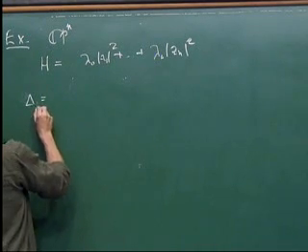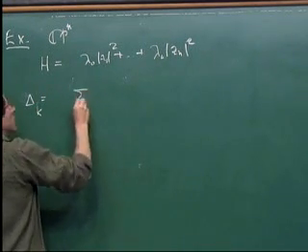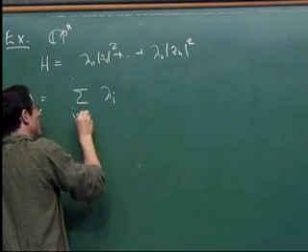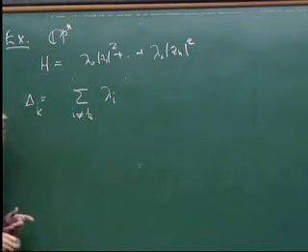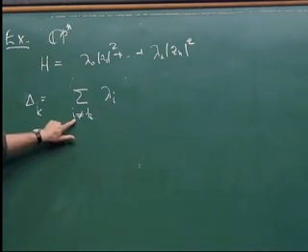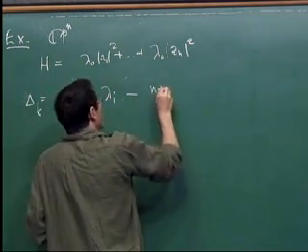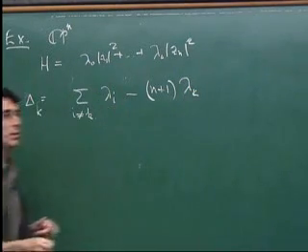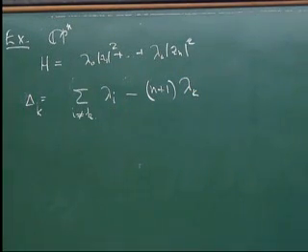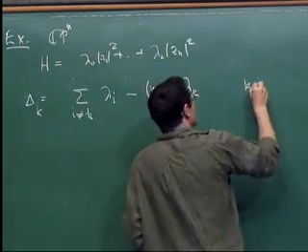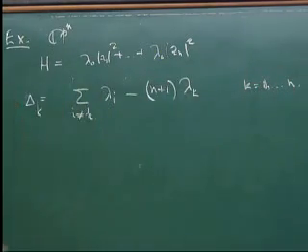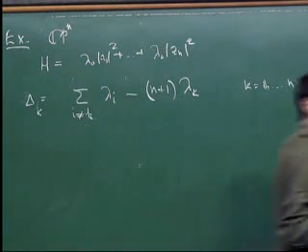To get, say, the k-th one, I take the sum of all eigenvalues other than lambda k and subtract n plus 1 times lambda k. So these are the mean indices. K here ranges from 0 to n. That's a direct calculation.